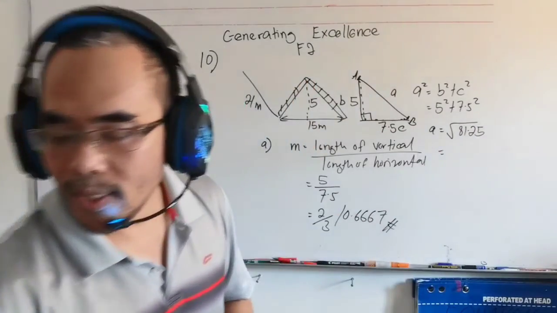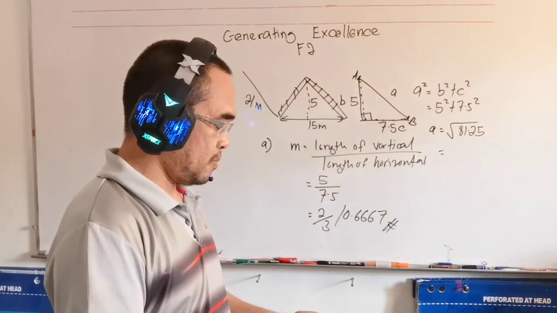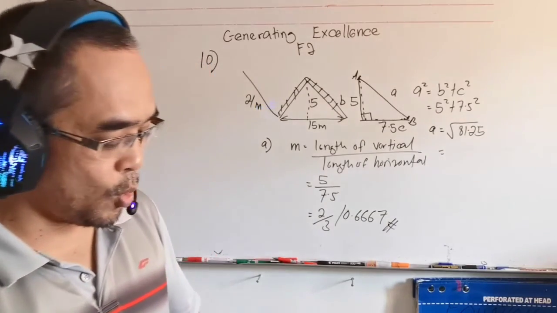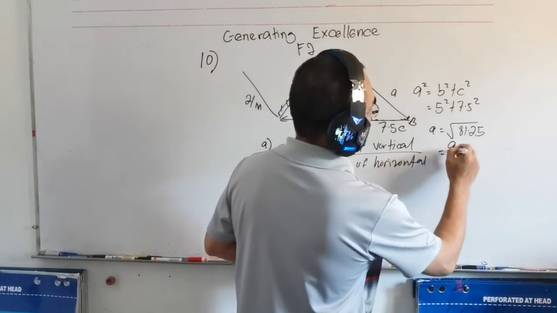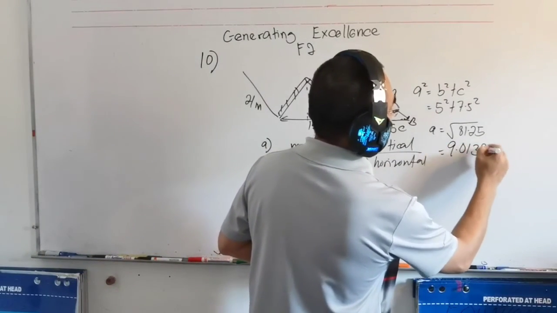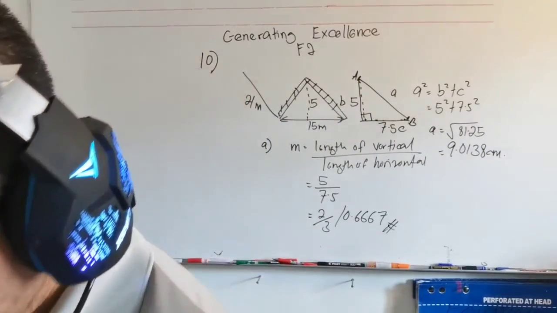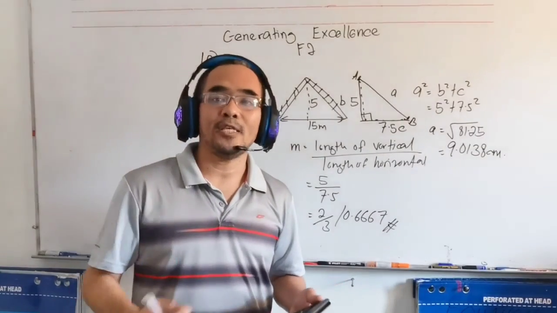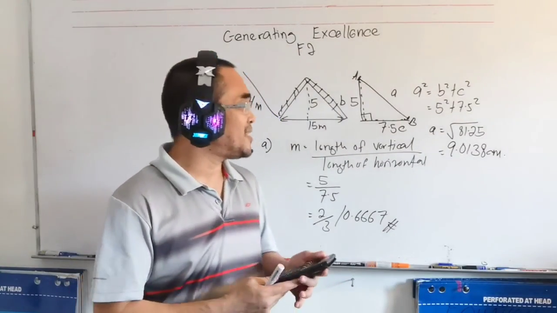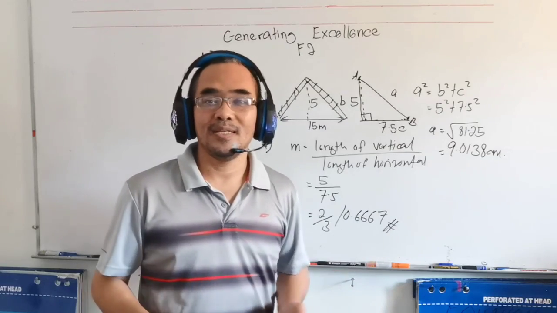What is the value? 9.0138 meter. This question doesn't state how many decimals they want, so I prefer to give at least 4 decimals. That's all. See you later.